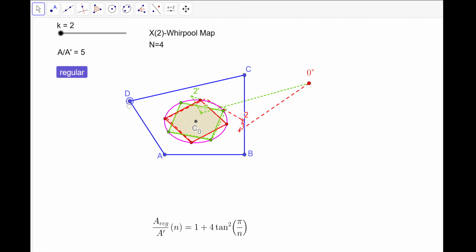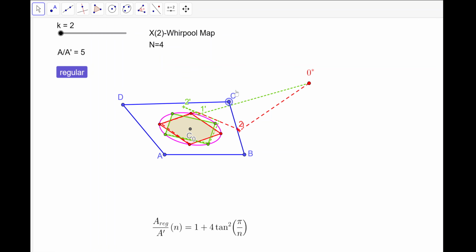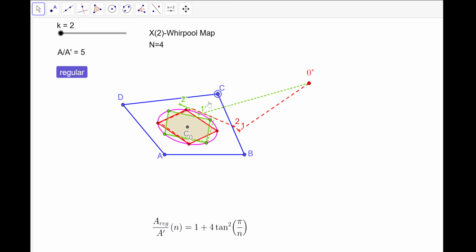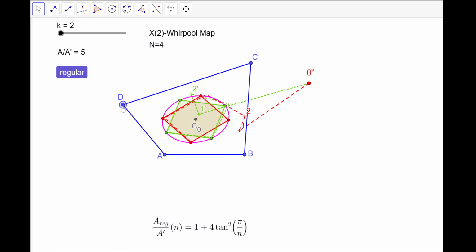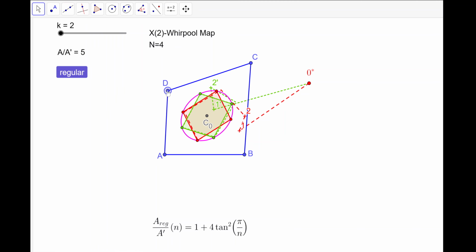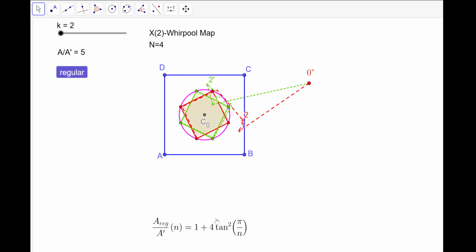Now what's surprising with the quadrilateral is that even though you can't use the affine argument here, this area ratio is independent of ABCD, okay? Now let's go back to Mark's formula. If you actually plug in n equals 4 here, you're going to get that this ratio is exactly 5, okay?